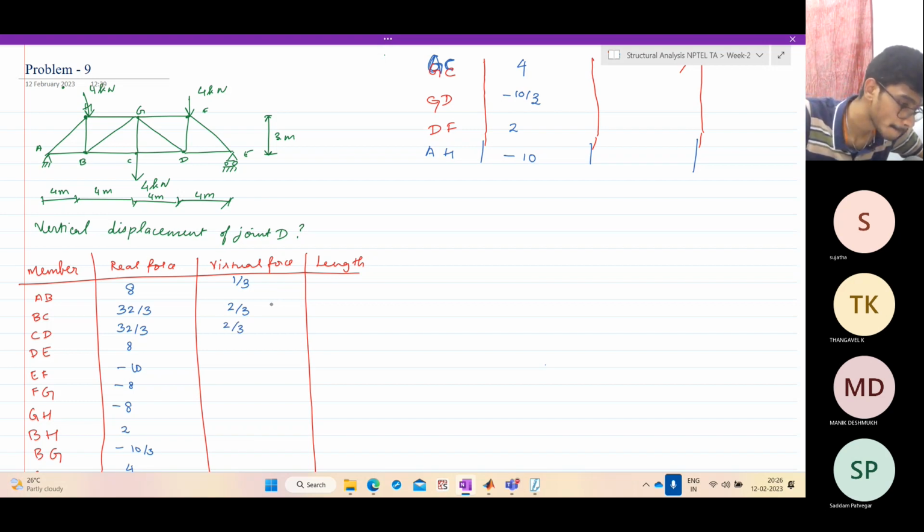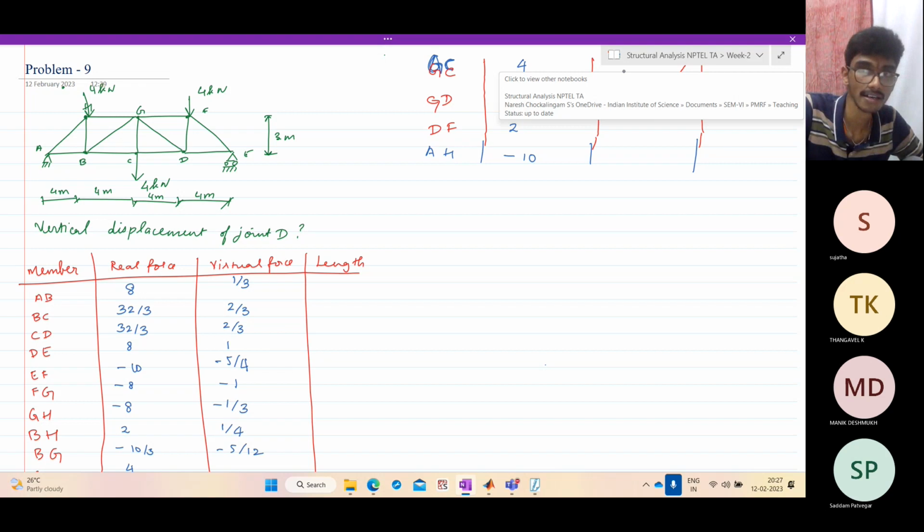FDE, where is DE? 1 kilonewton. FEF is minus 5/4 kilonewtons. FFG minus 1 kilonewton. FGH minus 1/3 kilonewtons. FBH is 1/4 kilonewtons. FBG is minus 5/12 kilonewtons.